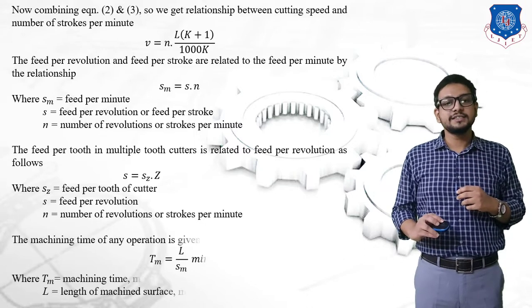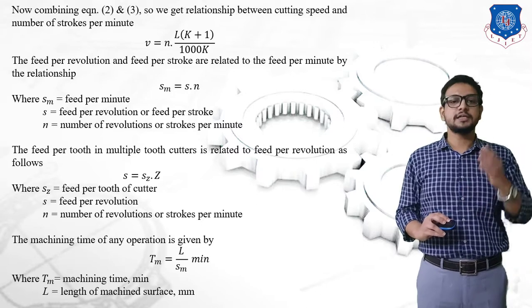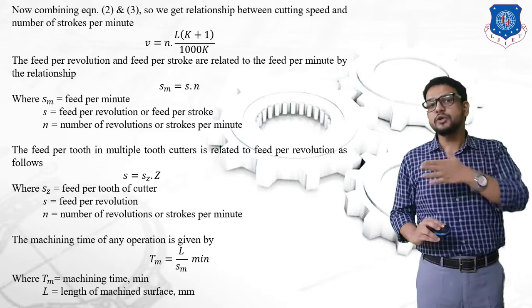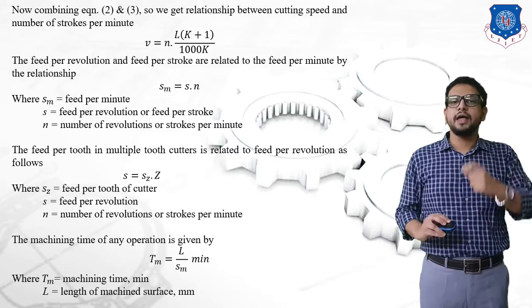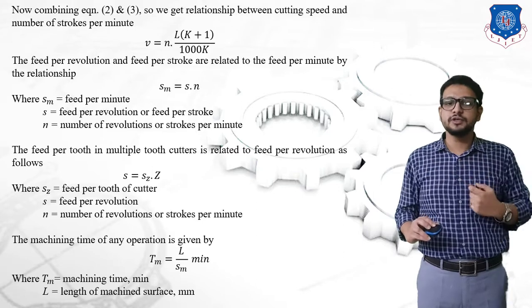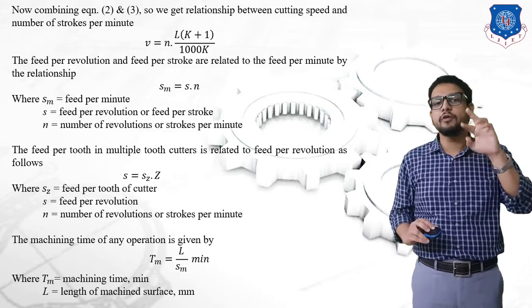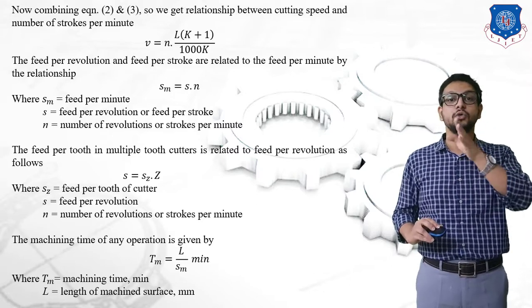Now the machining time for any operation which we need to calculate is given by Tm. Machining time Tm is equal to L upon Sm. L is the length of the machined surface and Sm is our feed per minute, which we found using our second equation, Sm equals S into n.